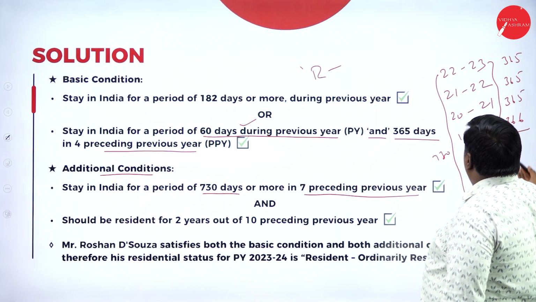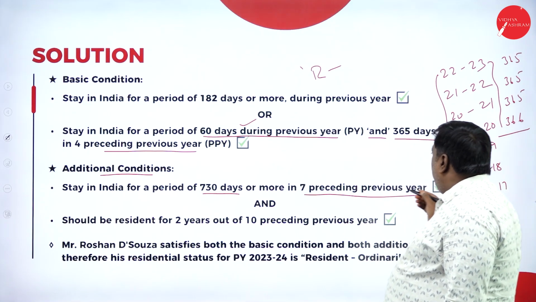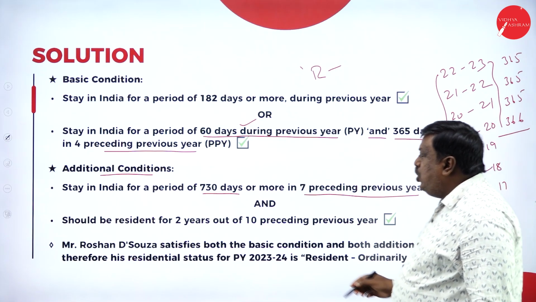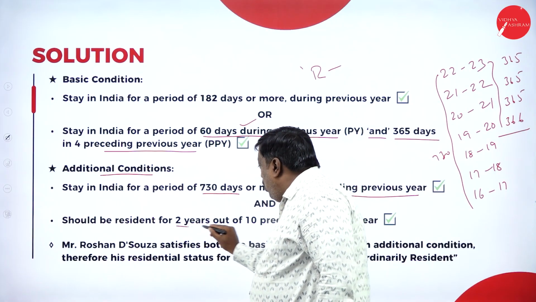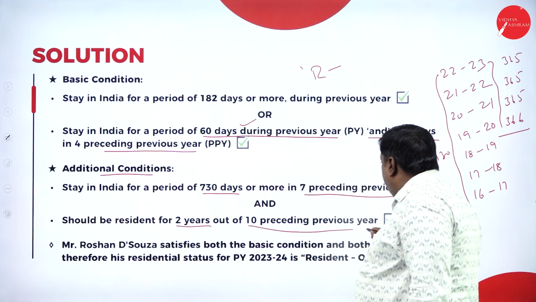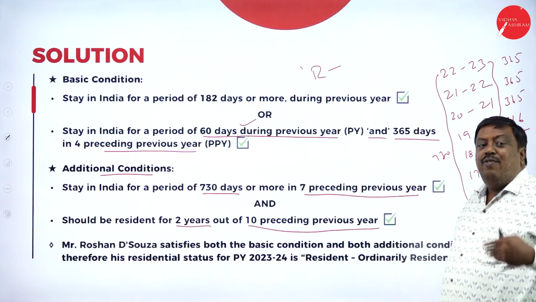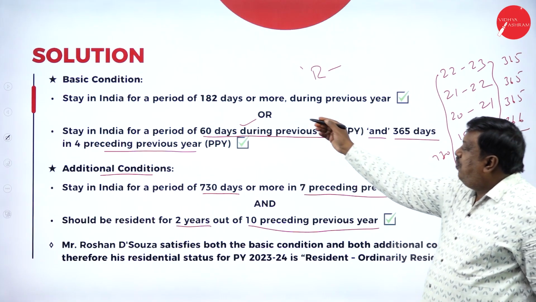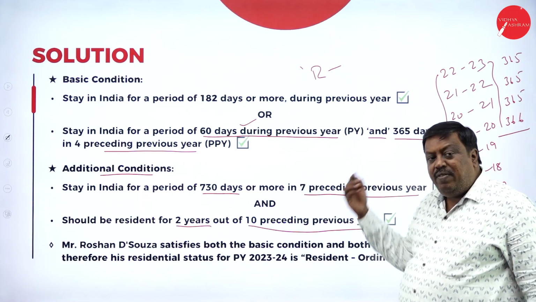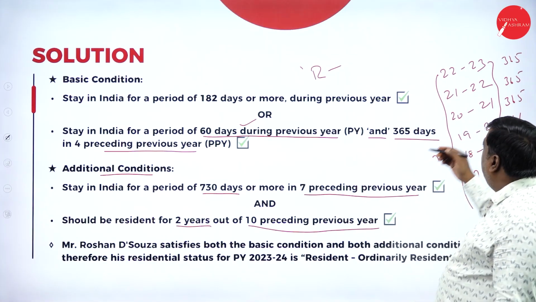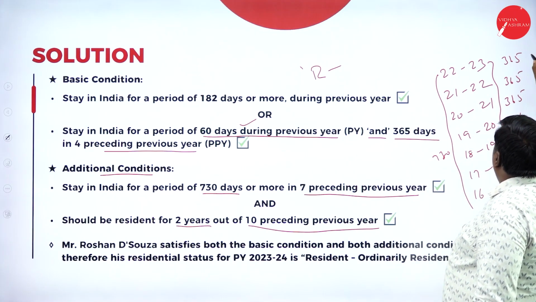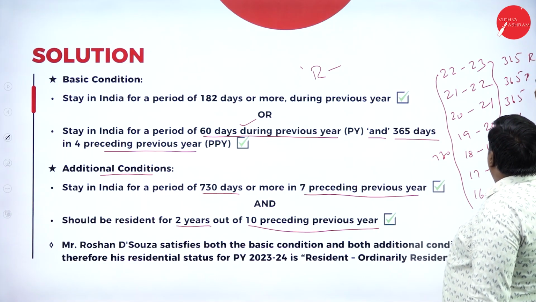I was more than that, so I satisfied my additional condition. The second: I should be a resident for 2 years out of 10 preceding previous years. If I satisfy any one basic condition during a previous year, they're going to call me resident. See here, I was in India for 365, resident.